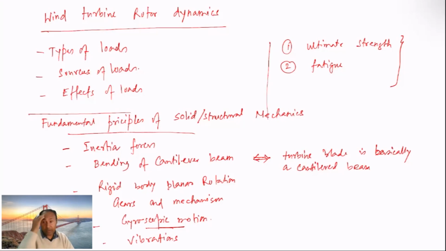Then we have looked at vibration. We looked at single degree of freedom, which is a spring mass damper system, then multi degrees of freedom. And when you have a system which is vibrating, then you have eigenmodes and eigenvectors. Then we looked at both the tower nacelle and the rotor blade, their blade passing frequency and rotational frequency.